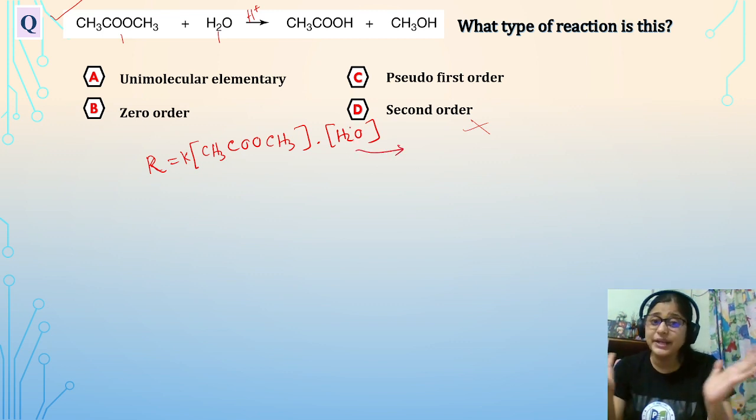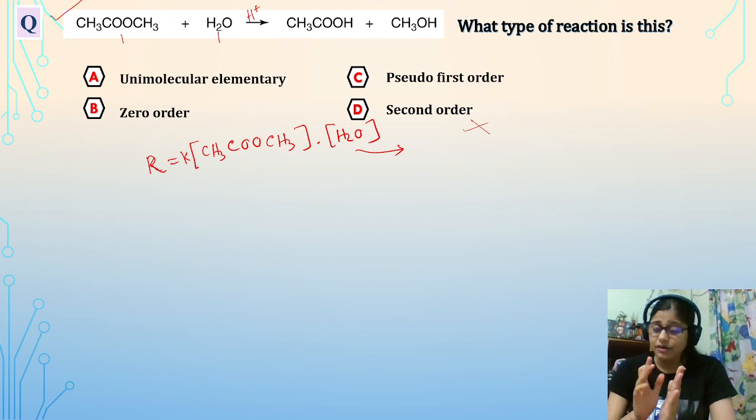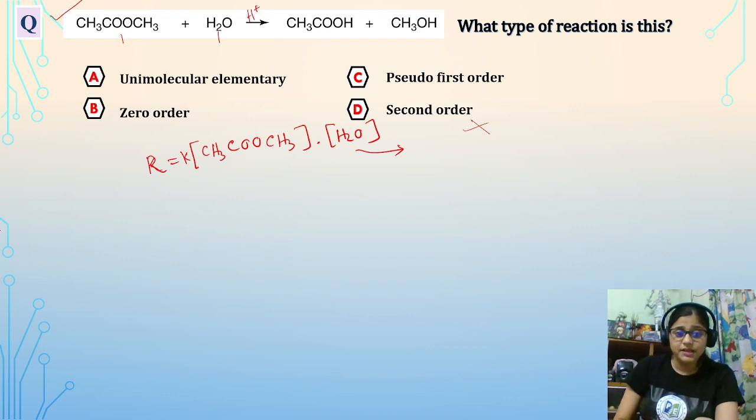The reaction is happening only in that medium. What is rate actually? Rate is the decrease in the concentration of a reactant.